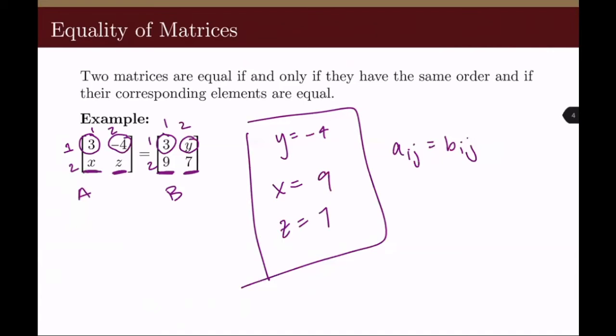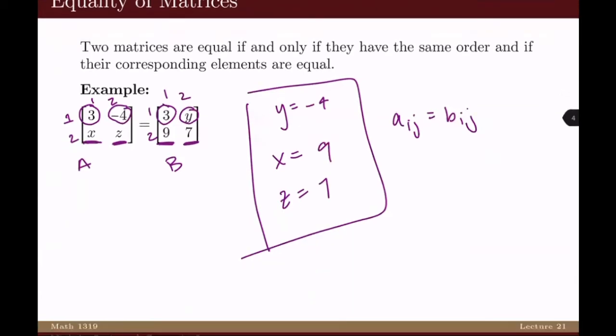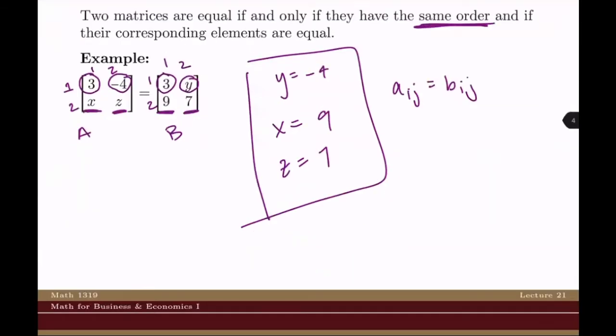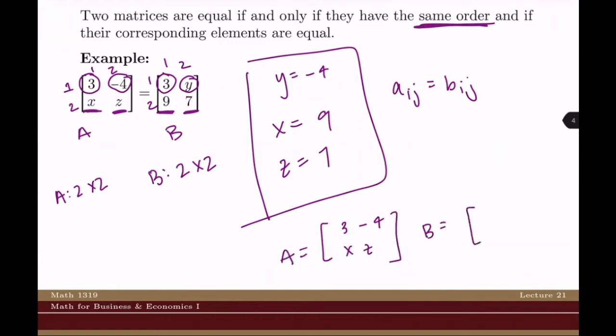Okay. Oh, and then it's saying also the same order. So we can see that matrix A is a 2 by 2 matrix and matrix B is a 2 by 2 matrix as well. So if you were to have had something like 3, negative 4, x, z as your A, and as your B, you would have had just like 3, 9.